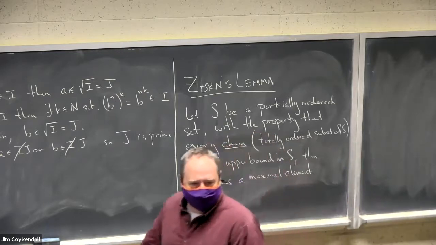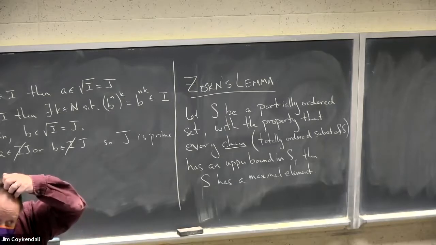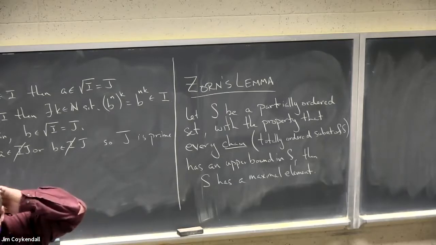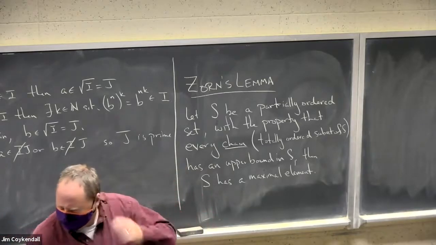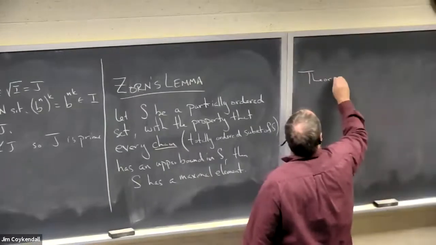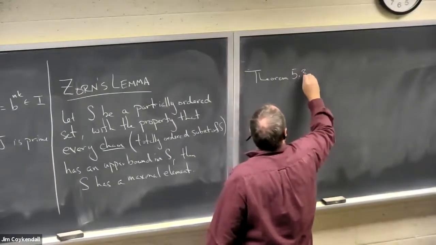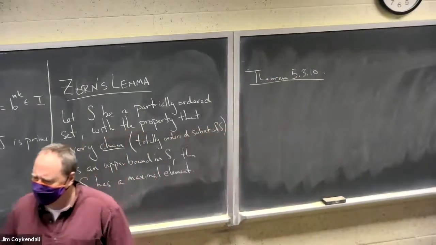Do not try to prove this. It's equivalent to the axiom of choice, and so it's hopeless. So this is just like the axiom of choice, but we're going to use this.